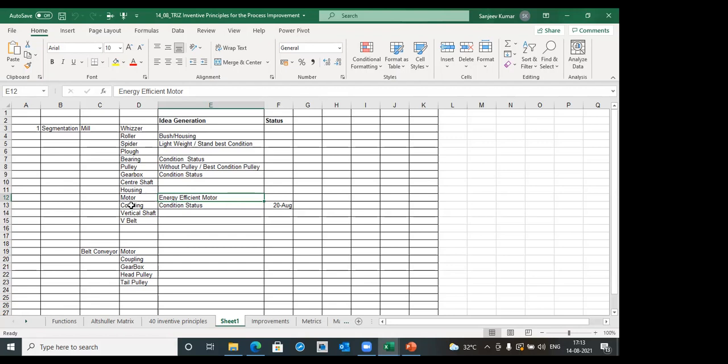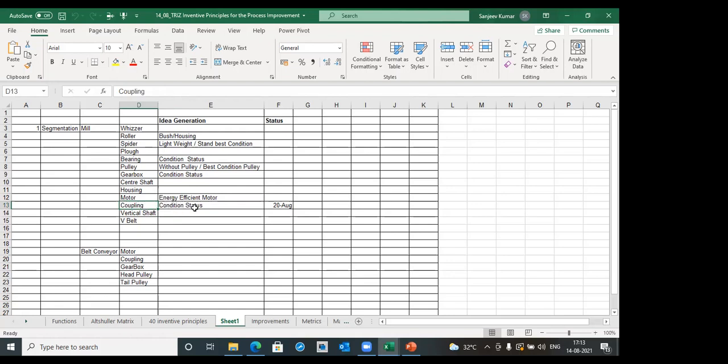Like the coupling. What is the present condition of the coupling? Is it okay? Slightly we may change to a lightweight coupling or heavyweight coupling or lighter bolting. There should not be any slip. The coupling function is to transfer the force from motor to gearbox.